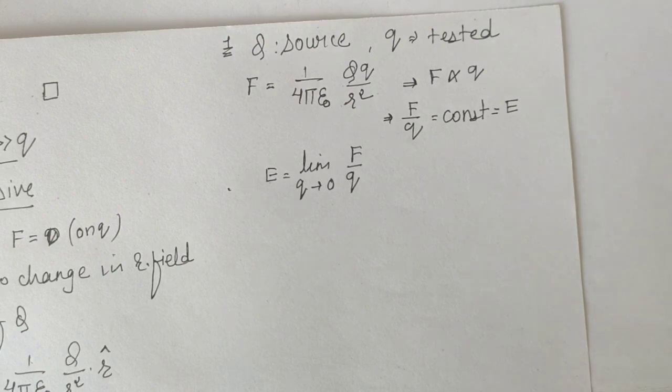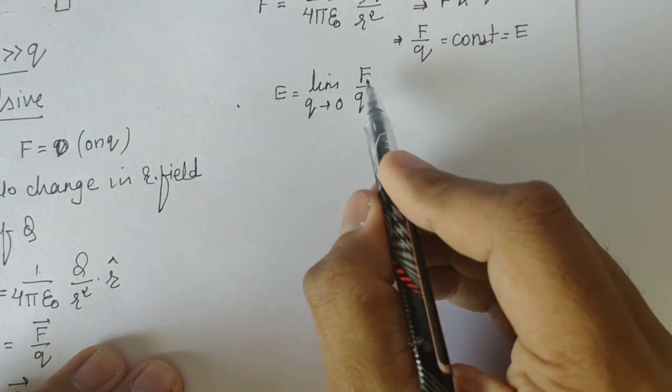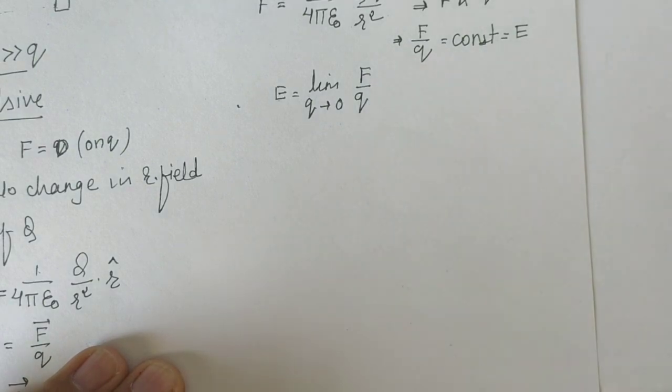But due to small q, capital Q cannot change its position. So for that, F by q should be very small.